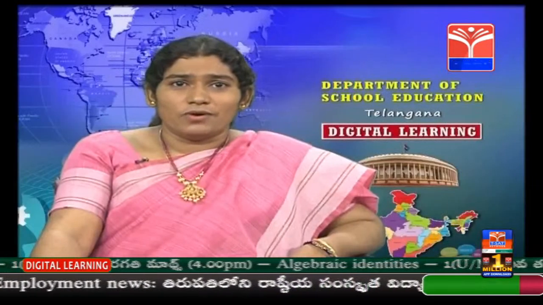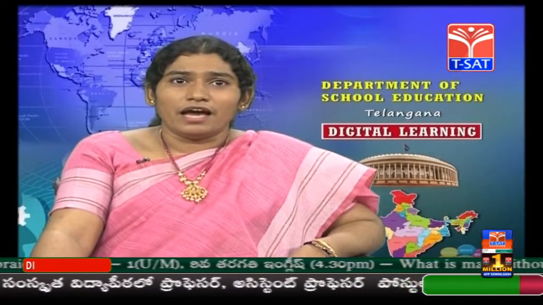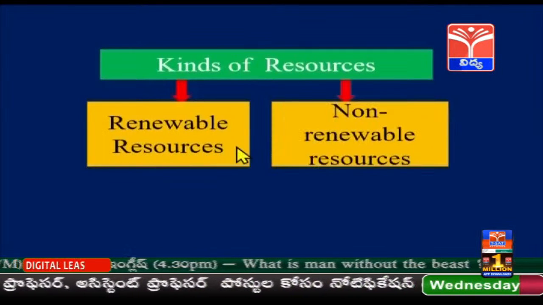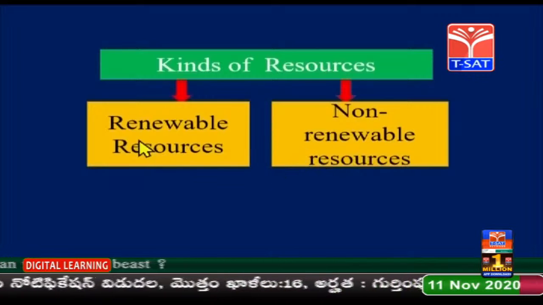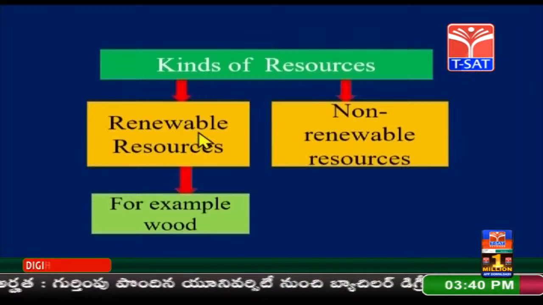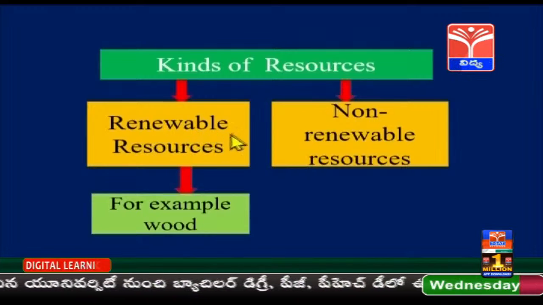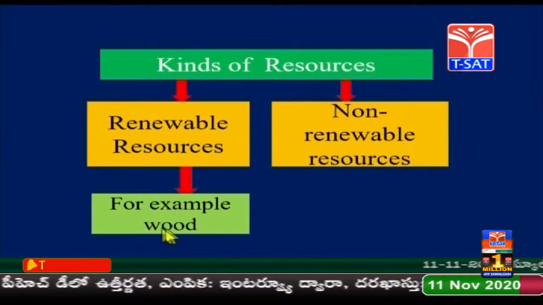Kinds of resources. There are two different kinds of resources, children. They are renewable resources and non-renewable resources. What are renewable resources? The renewable resources are those resources which can be regenerated again and again. For example, wood.